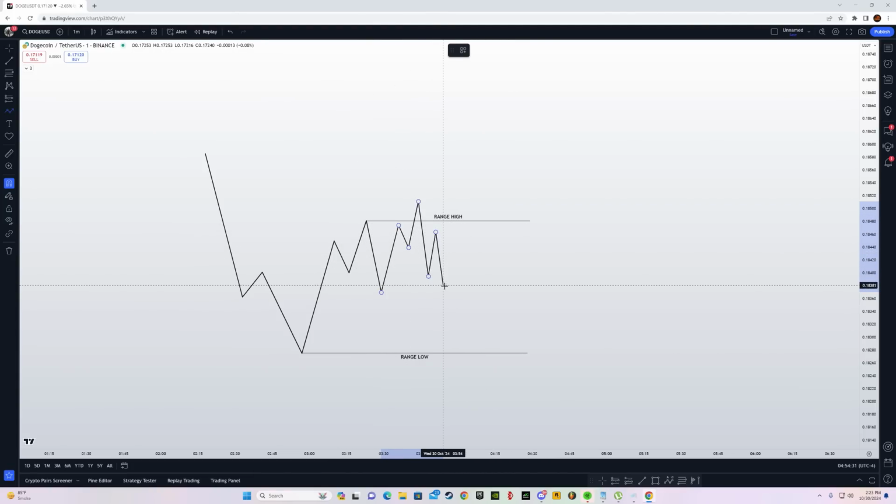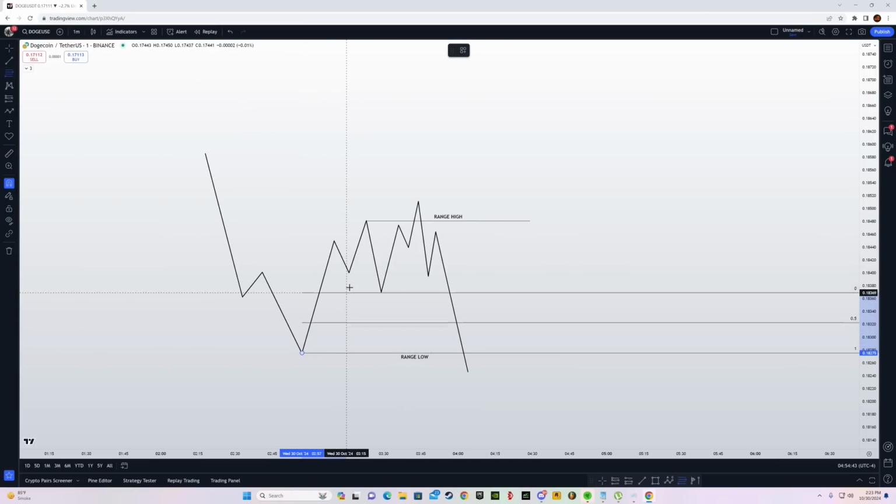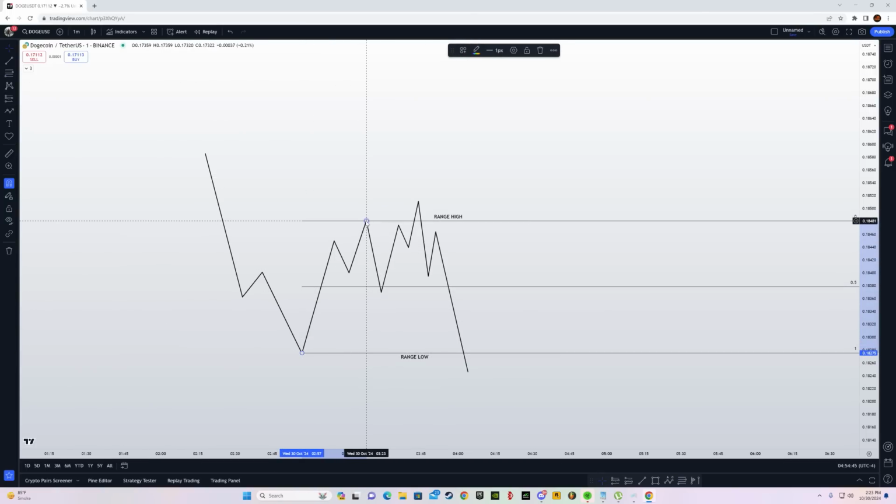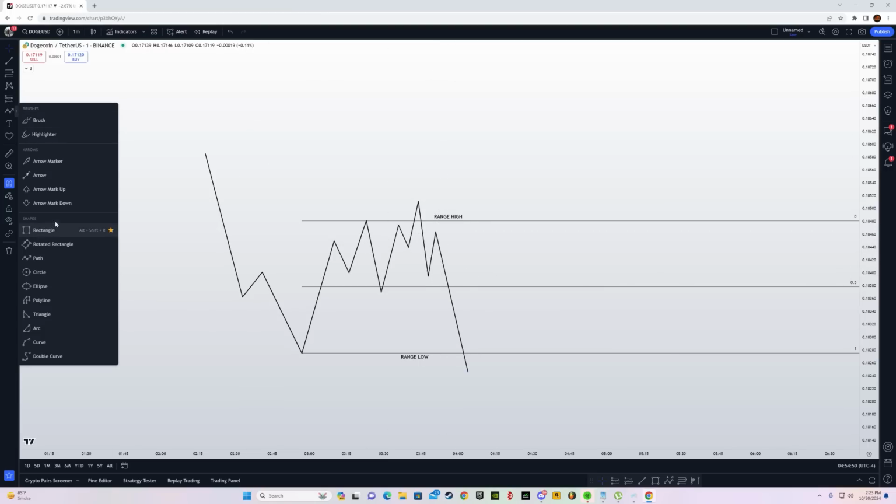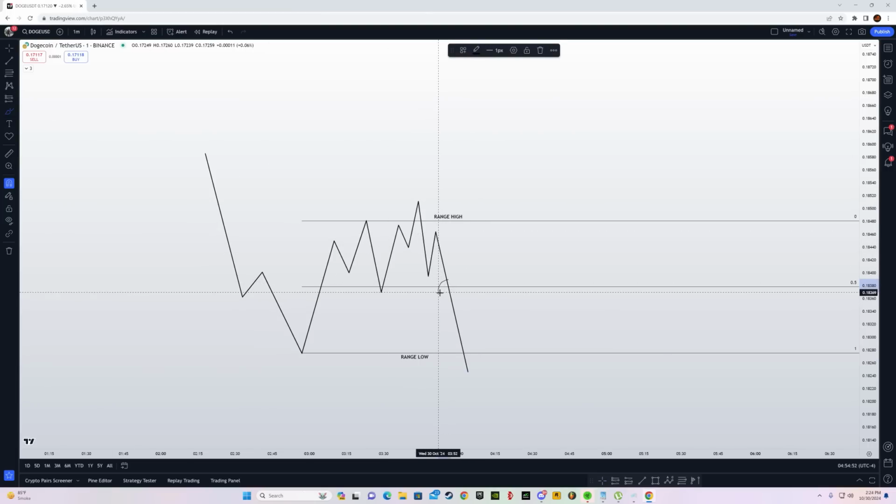So let's say we took our entry. We are going to be targeting the range low. This is going to be our final TP, but what you have to do is use your Fibonacci from range low to range high once again. Now, after the entry, when price reaches the 0.5 level, that is where you are going to take one partial if you are getting at least 1-to-1 risk to reward.